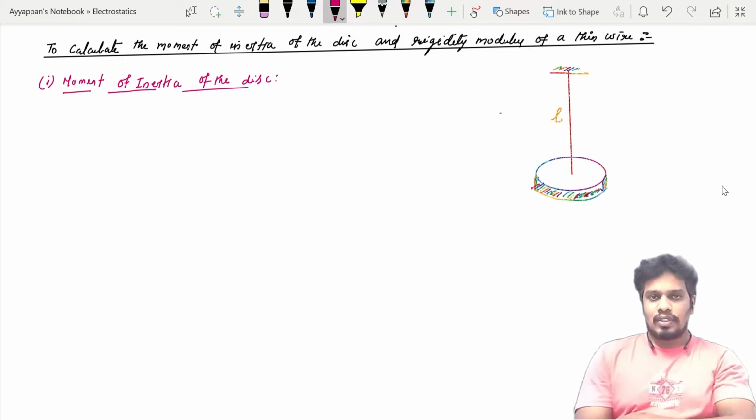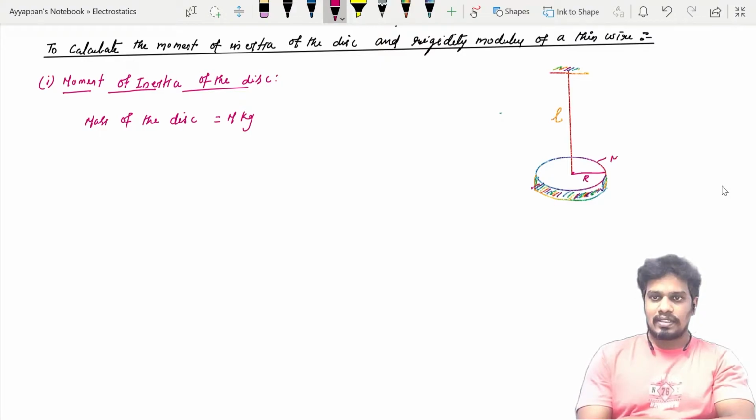So the given mass of the disk is equal to M kilogram. Then if you know the radius of the disk, the distance from the center to the edge because it is a circular disk, that is the radius.